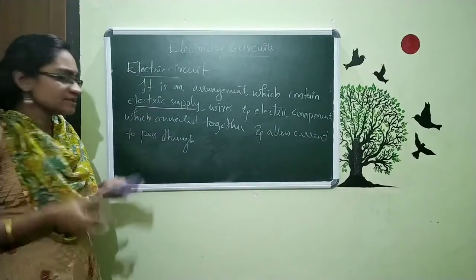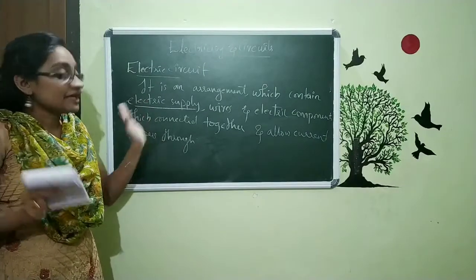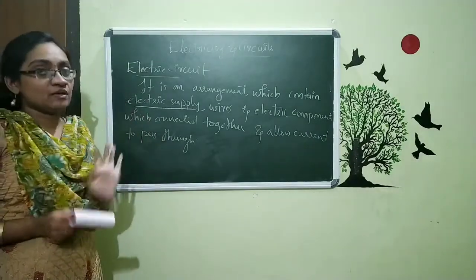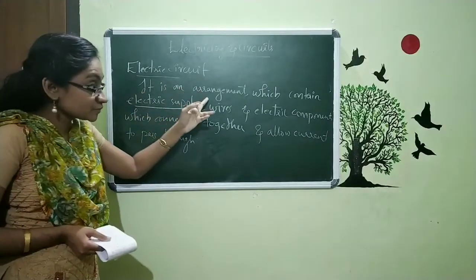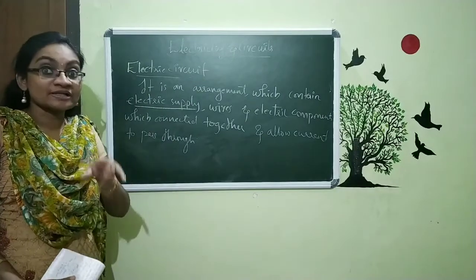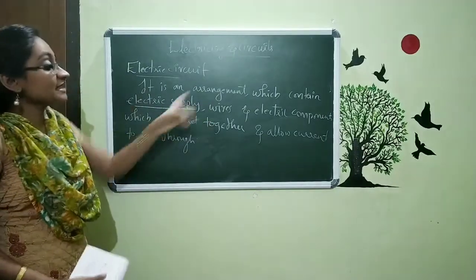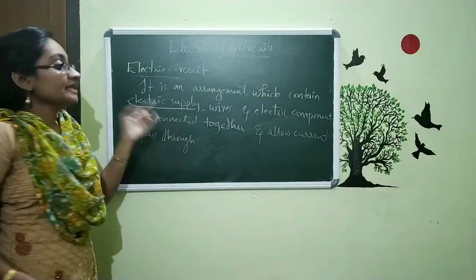That depends upon the situations. So here we are only doing all the experiments with small cells or batteries. Within that arrangement, some things are included, and we are just listing them here.